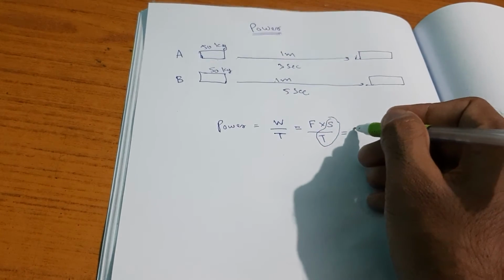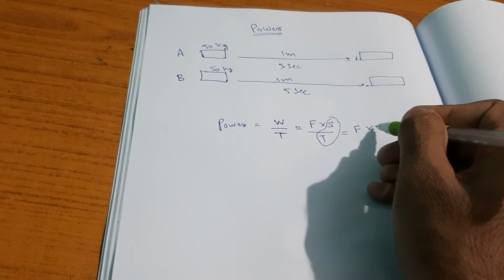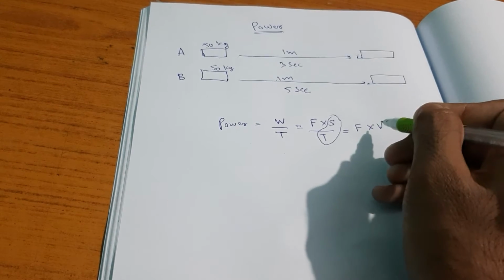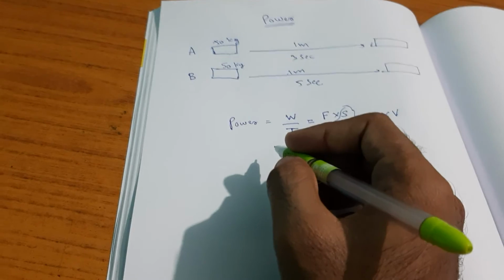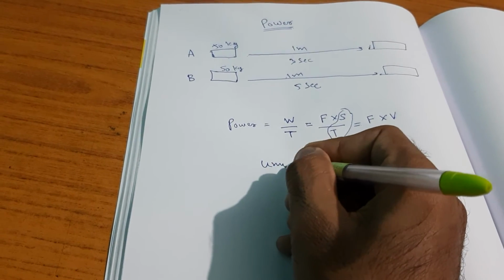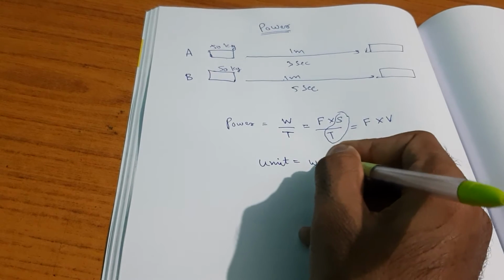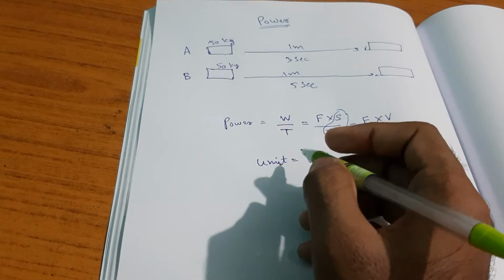So we can write power as force into velocity. The unit of power is watts.